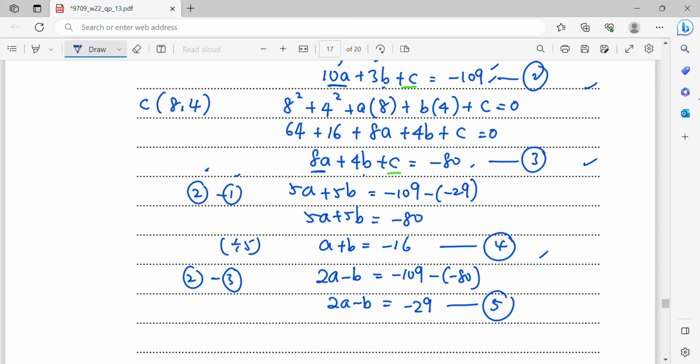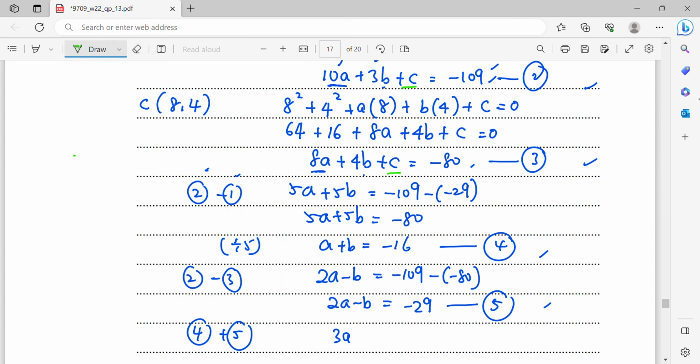So now solve fourth and fifth equation. You will notice that the coefficient for b from the fourth equation is plus 1, and the coefficient of b for the fifth equation is minus 1. So to solve the fourth and fifth equation, I can just add these two equations together in order to eliminate the b. So fourth plus fifth. a plus 2a is going to be 3a, right?